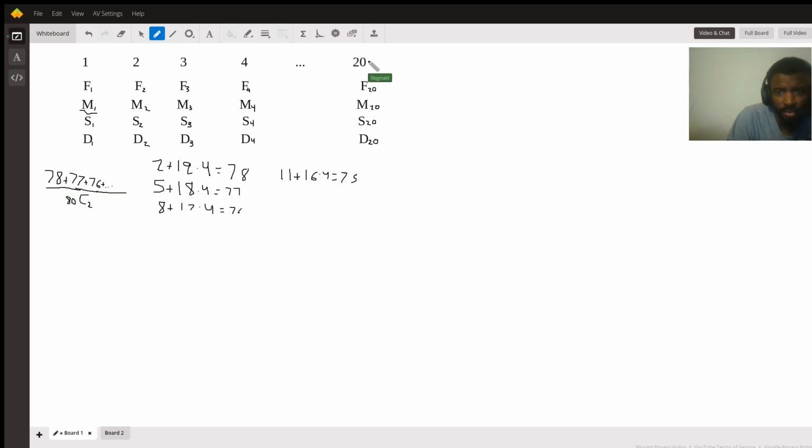So the question is, when we hit 20, the 20th number in our numerator is going to be what? Well, this is arithmetic. Or better yet, instead of making an arithmetic sequence, let's just subtract 20 and add 1 to it. So 78 minus 20, that's 58.